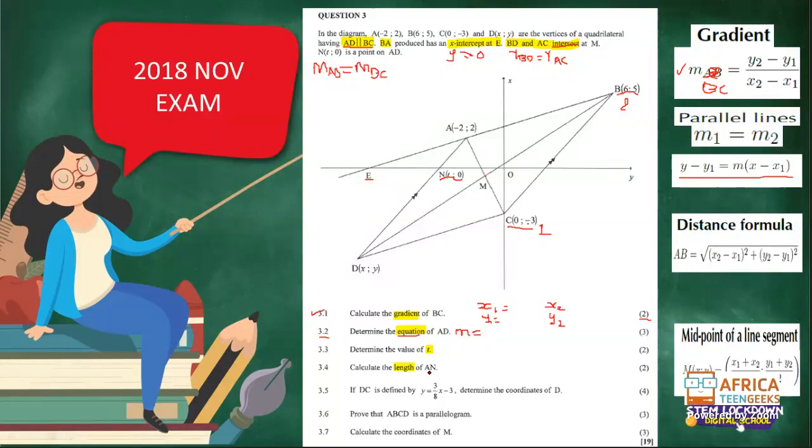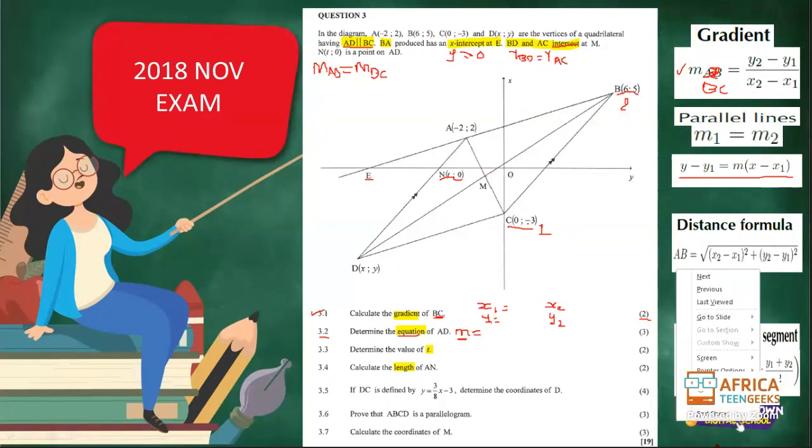Okay, great. So if you found the gradient of BC, thank you. Remember in the last equation, you were supposed to find the equation of BC. So if you found the gradient of BC, then you can calculate the gradient of that.